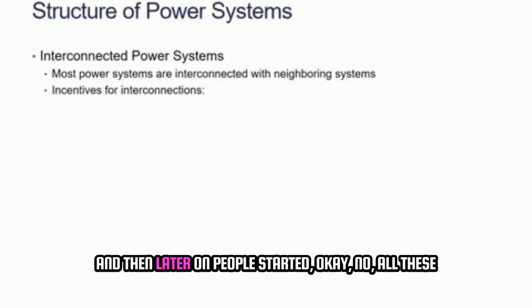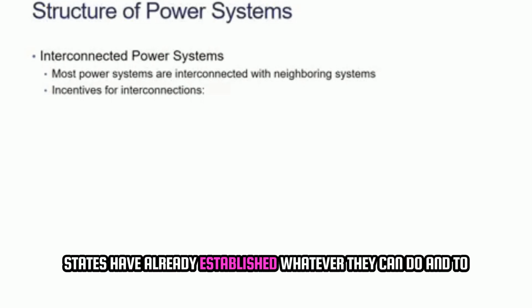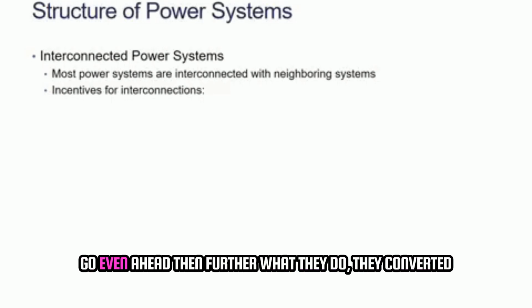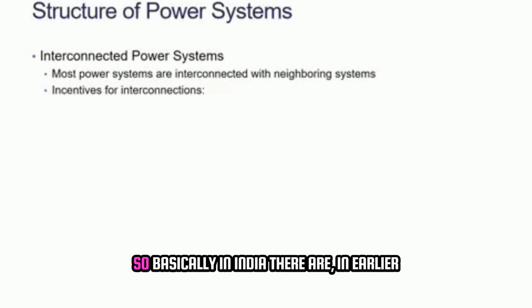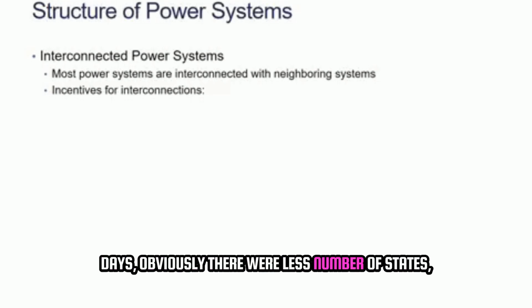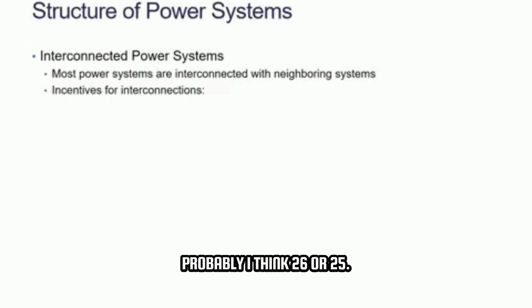And then later on, people realized that all these states had already established whatever they could do, and to go even further, they connected all these states into regions. In earlier days there were fewer states, probably 25 or 26. Obviously, over time the number of states has increased.